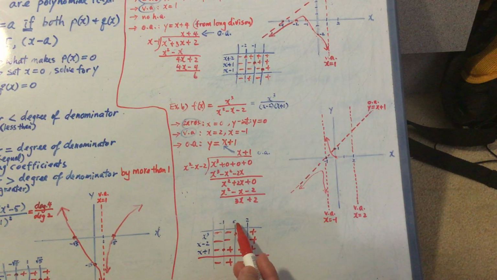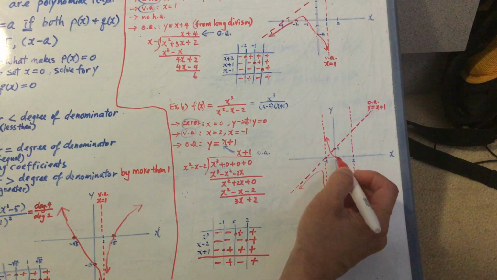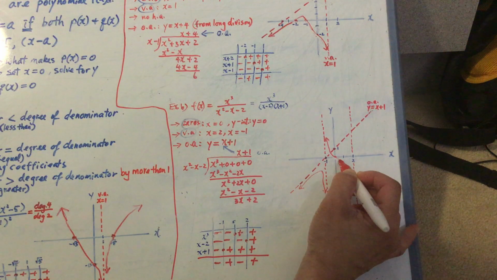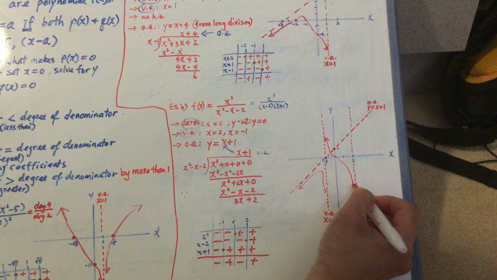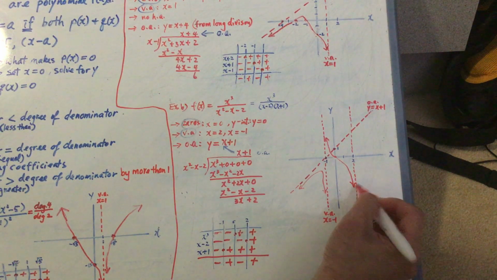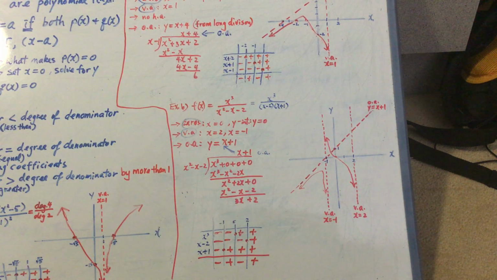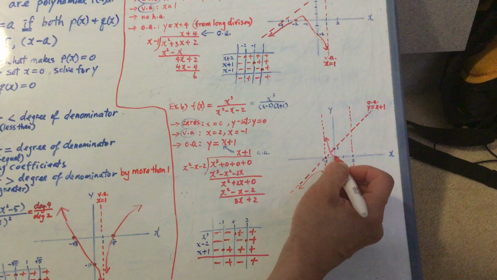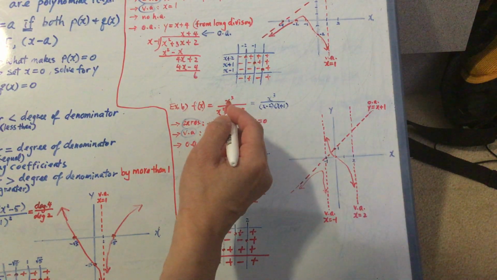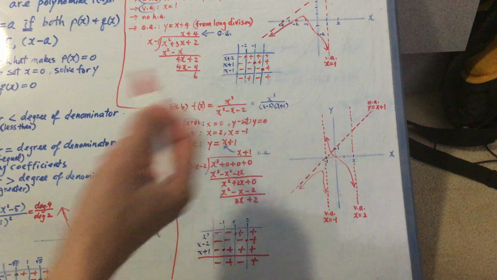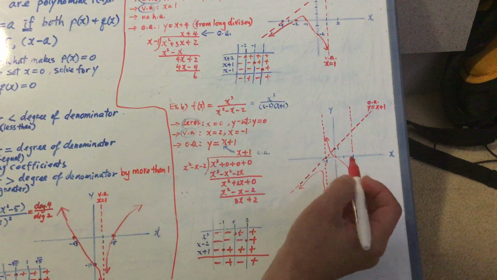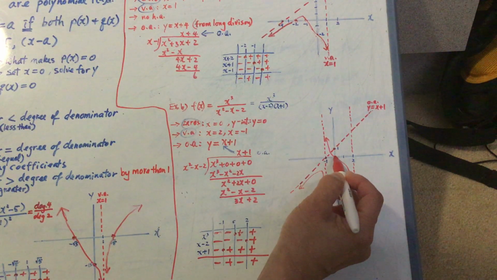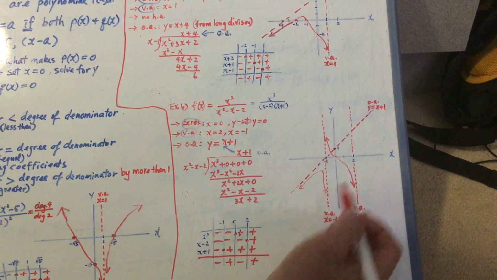But between 0 and 2, I have a negative. So that means I must be going down here like this and approaching the vertical asymptote like this, okay? So it's like a little cubic. Well, because the numerator is x cubed, you can see that this is where the cubic look is happening.